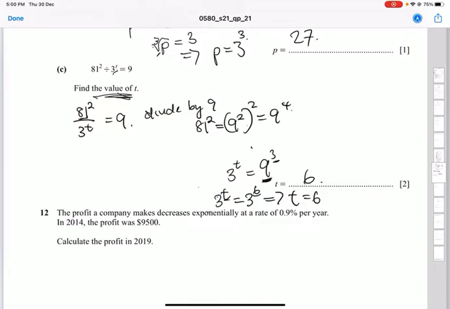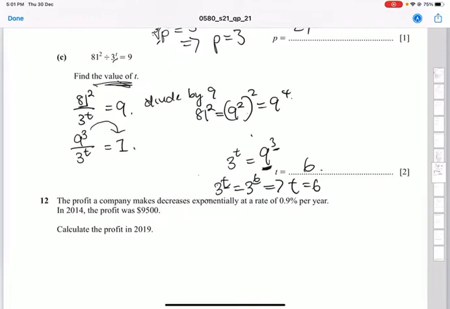So once I divided both sides, I got 9 cubed over 3 to the t equals to 1. And then I brought it over. 3 to the t equals to 9 cubed over 1, or 9 cubed. And then this equals to 3 squared cubed, 3 squared times 3 times 3, 3 to the 6. So then that's how I got t equals to 6.